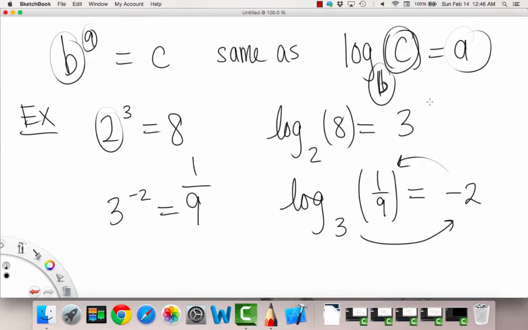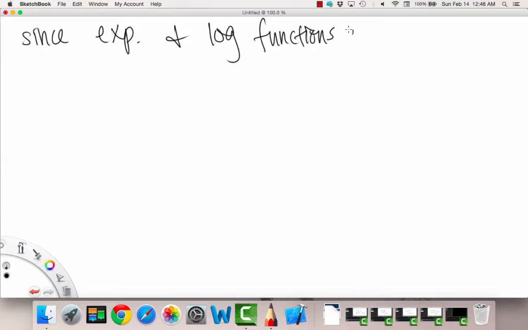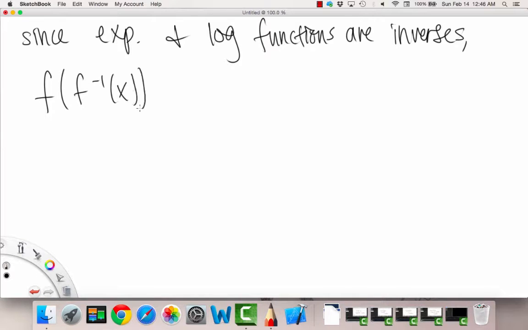Since exponential and log functions are inverses, we have the following relation. We know that f of f inverse of x should output an x, as should f inverse of f of x. So basically when you compose functions which are inverses, you just get back out whatever you put in originally.